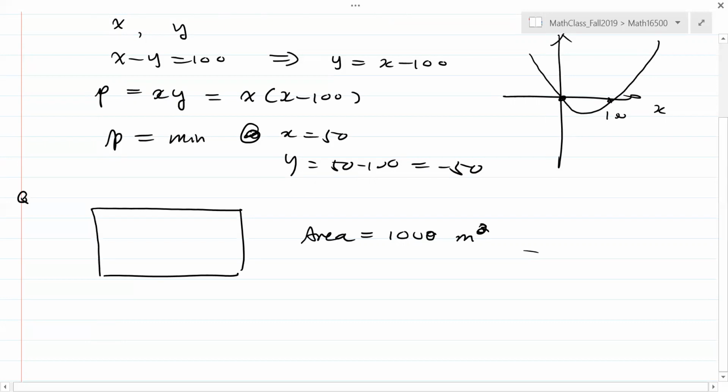But you want to minimize the length of the fence, otherwise it costs much more. So it's a very simple problem.